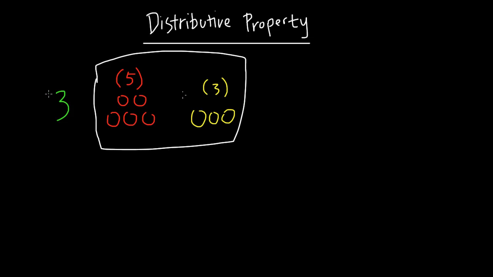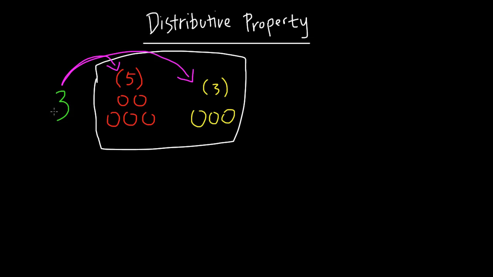Well, this is going to look very similar to what I was doing before. I'm going to take this 3, which is the number of boxes I have with this very combination, and multiply it to those numbers inside in order to figure out how many total apples and how many total lemons I have.